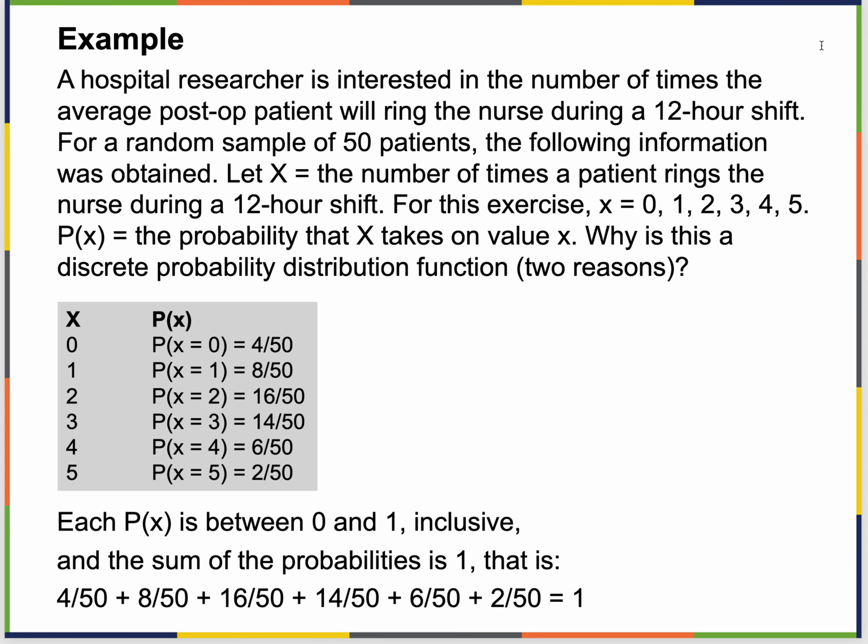Okay, and here's one where a hospital researcher is interested in the number of times an average post-op patient will ring the nurse in a 12-hour shift. Here's 50 patients again, and the following information. We could do the same thing. I suggest you try doing what I just did in Excel. Stop the video right here, take this data set, and actually do the same thing I did.